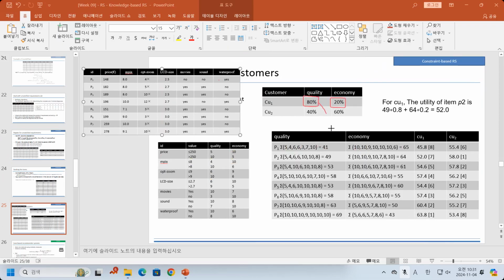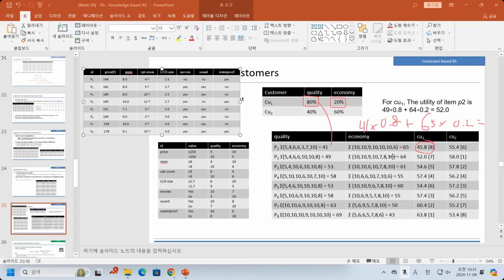And the quality means 41 multiplied by 0.8 plus 65 multiplied by 0.2, and it equals 45.8.